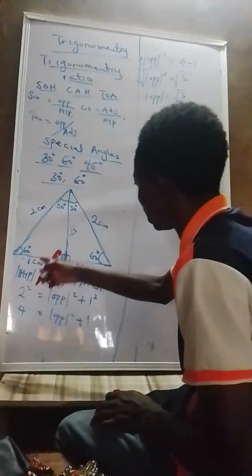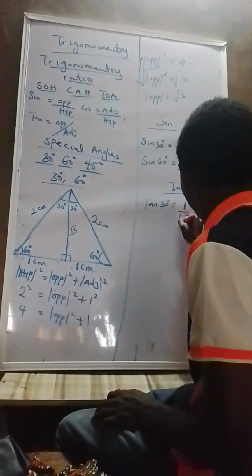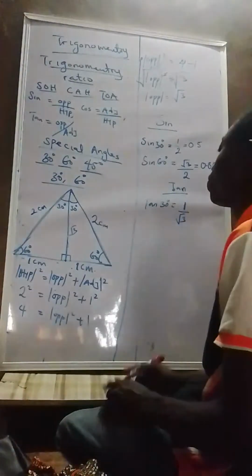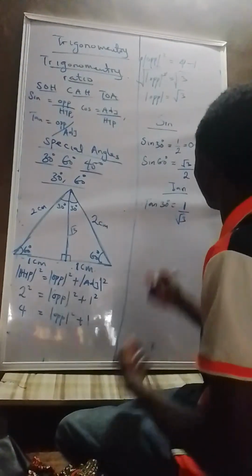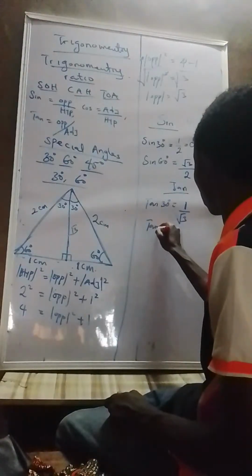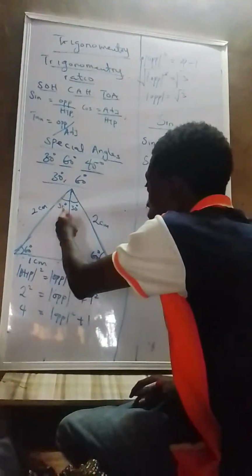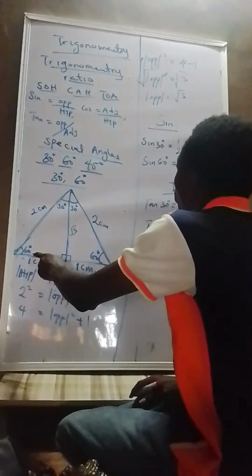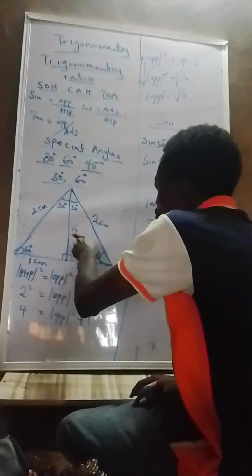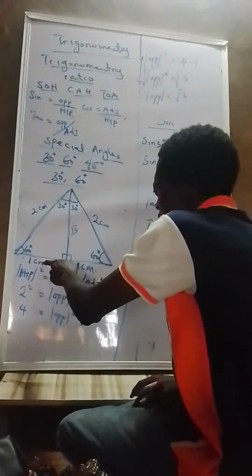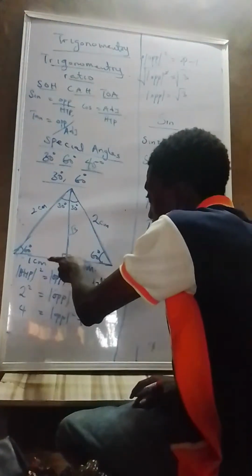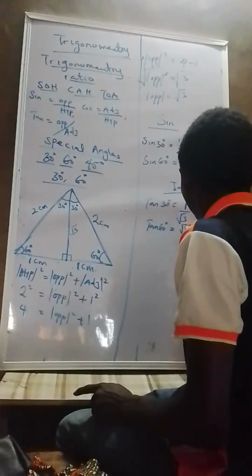What is the adjacent here? Root 3. Then tan 60 is going to be, what is going to be here? This place, this 60. Then what is the opposite? Opposite is root 3 and adjacent is 1. Because it's opposite and adjacent, that will be root 3 over 1.